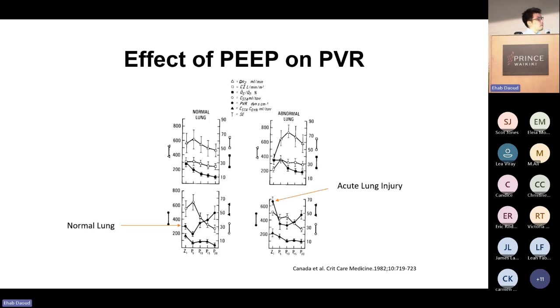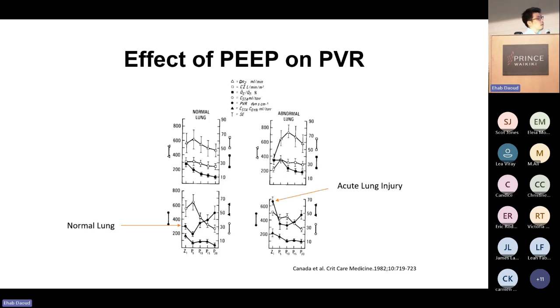So the lowest PVR was achieved at PEEP of 5. Regarding this drop of PVR, it's unclear. This was an animal study, and they were not in supine position. Also there is an ET tube in, so that might be affecting this drop. However, what I'm trying to say is PVR goes up as PEEP goes up.